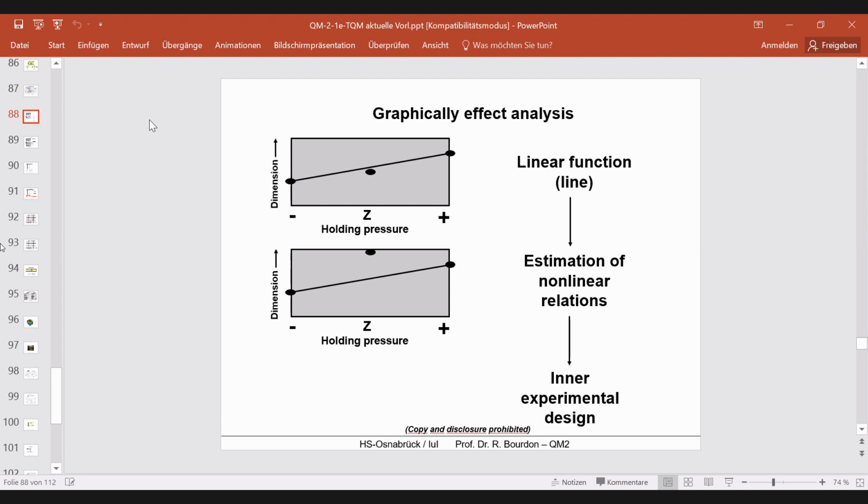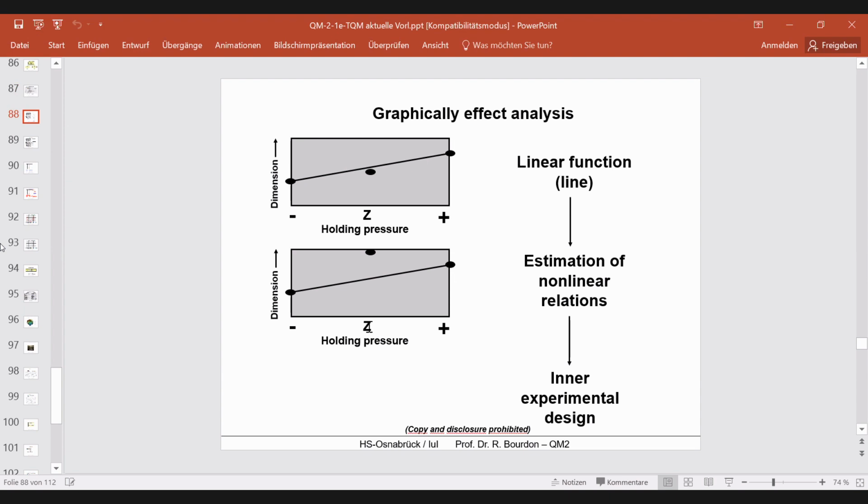If you have only a minus level and a plus level, you have a linearity between minus and plus, and you don't have any information if the linearity is okay or not. Probably it's okay, probably maybe it is not okay. So to get an estimation if the linearity is real or not, you do one experiment in the middle, and this is called the central point.